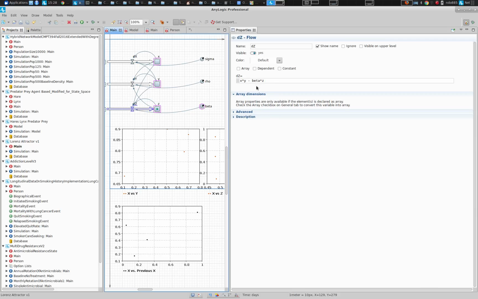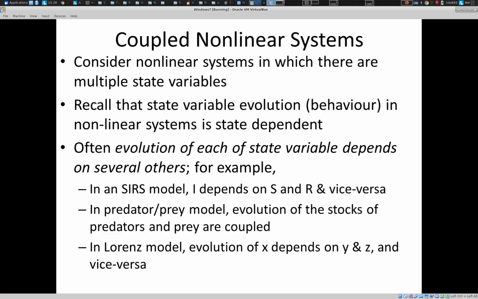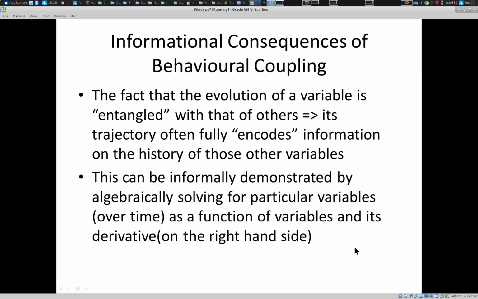How quickly z is evolving depends on x and y as well as on itself. So what I'm arguing here is that in these systems, the evolution of one state variable is tangled with the evolution of the others. Okay? Here, the evolution of x, for example, in the Lorenz model depends on y and z.